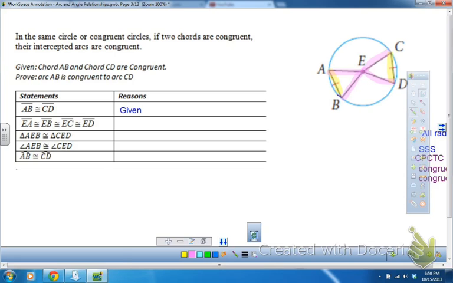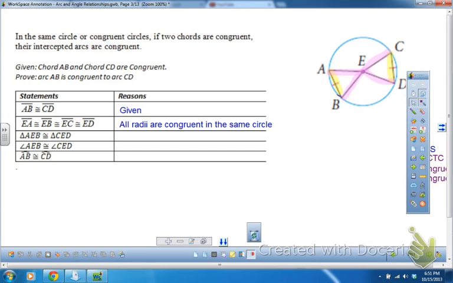The reason all four of those are congruent is simply because they're all radii of the circle. If you have radii of congruent circles or the same circle, all those radii would be congruent. So we can set all the radii equal to each other.